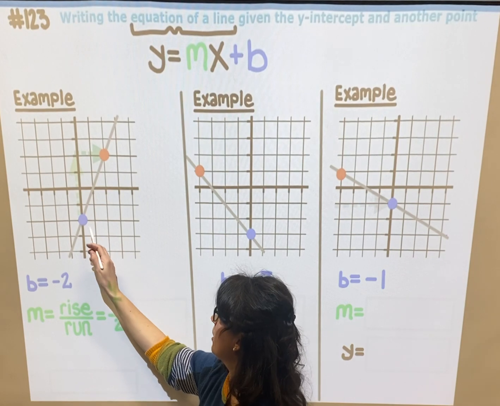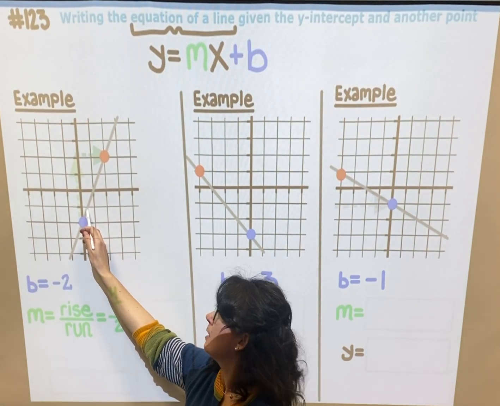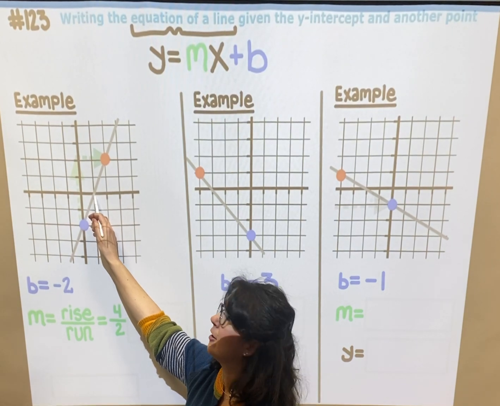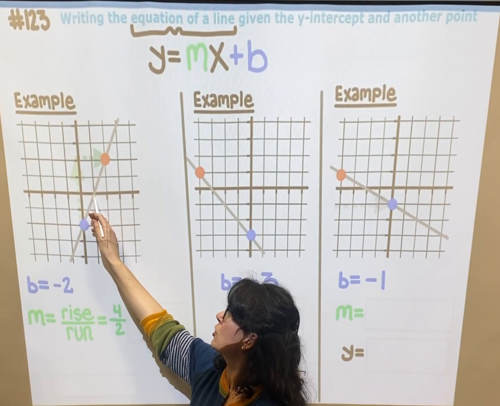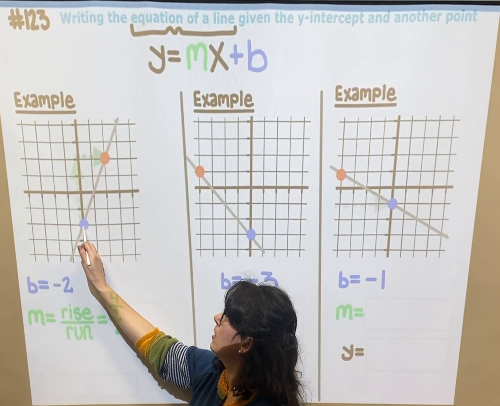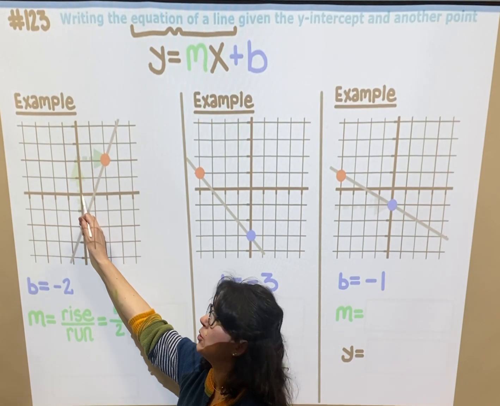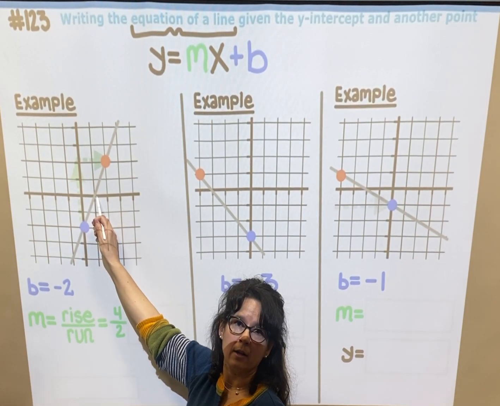So for example, I can't really tell where this point is because it's kind of in between, but this point right here is clearly over at 1, 0. So instead of going all the way up to the red, if I wanted to, I could rise 2 and run 1.